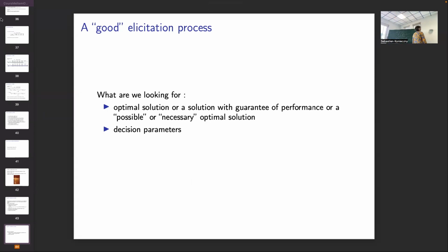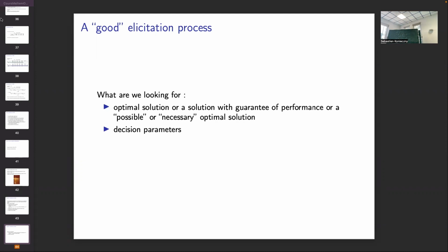And what are we looking for? You can look for your decision parameters, like I want to know the weights of my weighted sum. Generally when you do passive learning, you do this. But in active learning, you start by asking questions and you choose the next question so that it takes less time to converge.